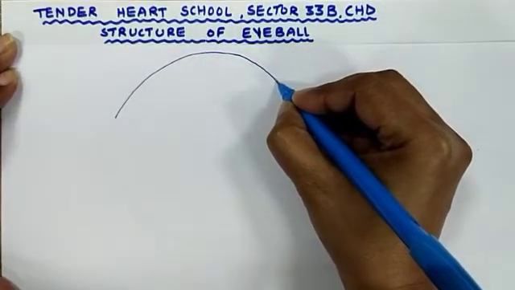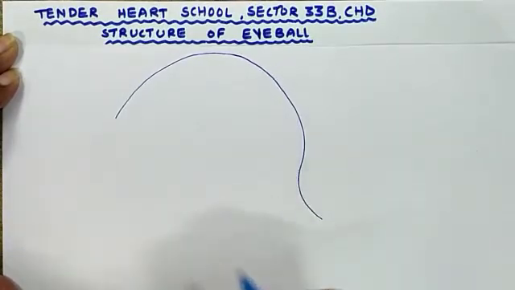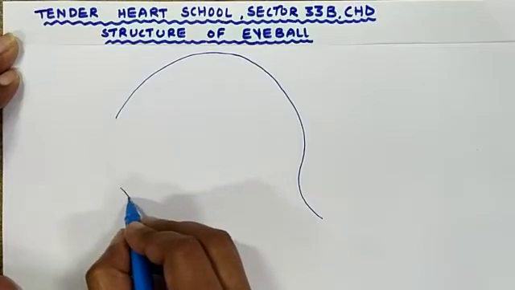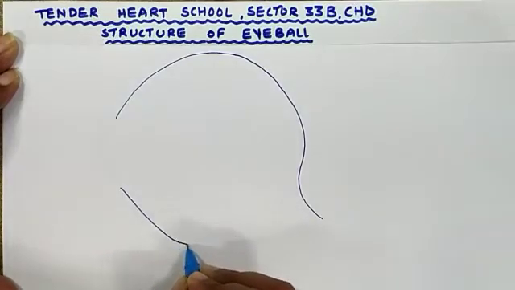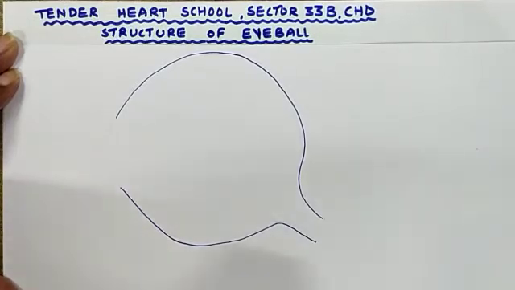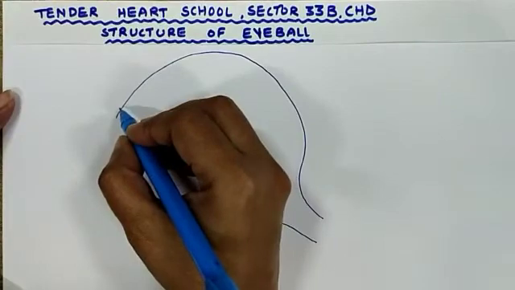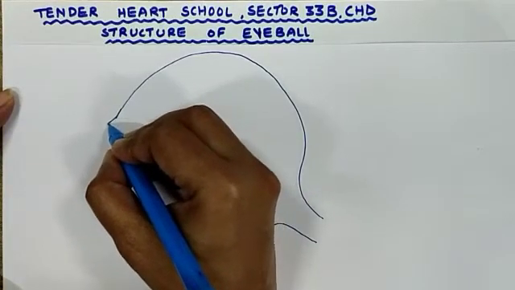This is the outermost layer of the eyeball, which is called the sclera, or sclerotic layer. Sclera, in the front region, is a little bulged out.